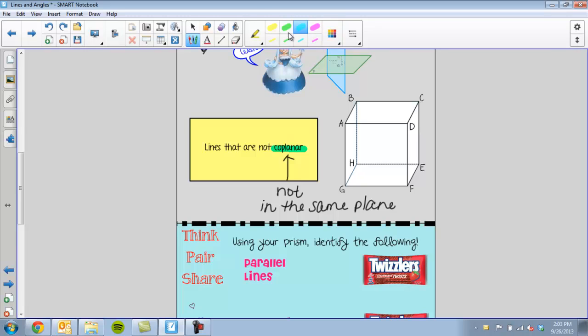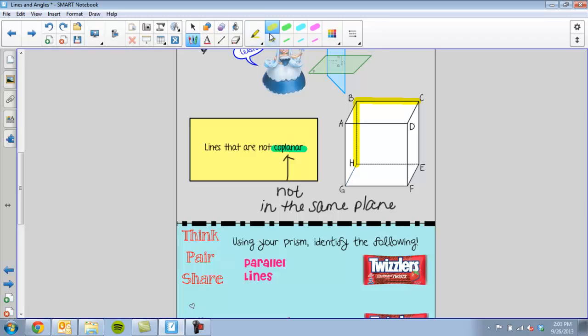So, for example, we would say that line AG is skew to line BC. Alright? Those lines are not perpendicular because they do not lie in the same plane. Perpendicular would be if we moved this to BH.